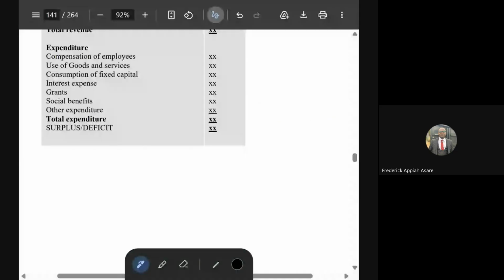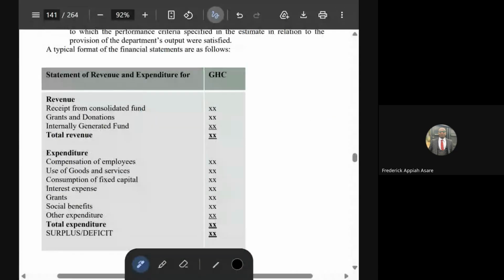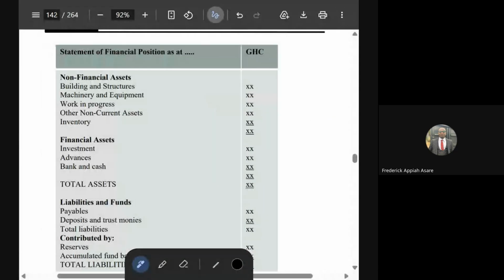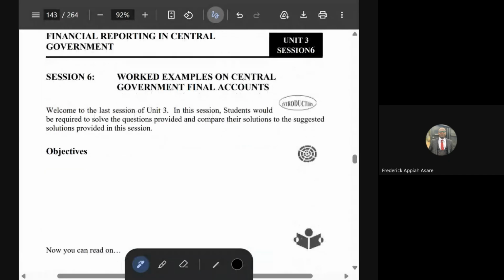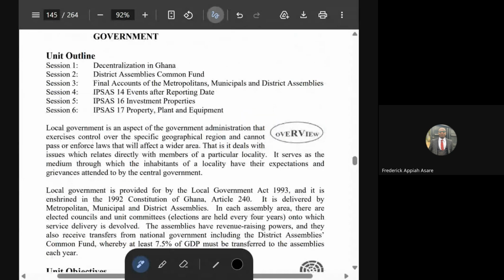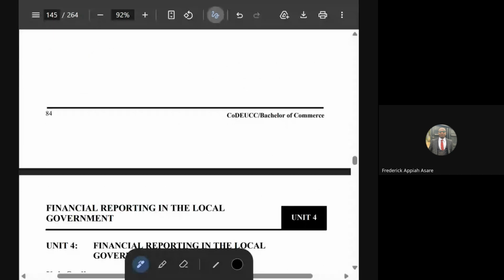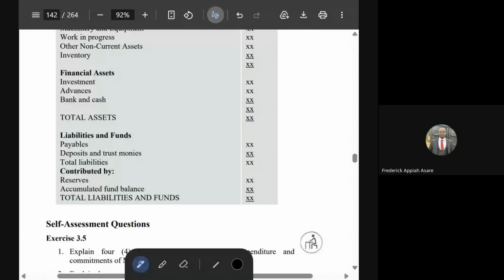Then we will solve more questions. Under section 6, they said we should solve more questions, so next week I'll come with more questions so that we learn how to prepare the annual financial statement.